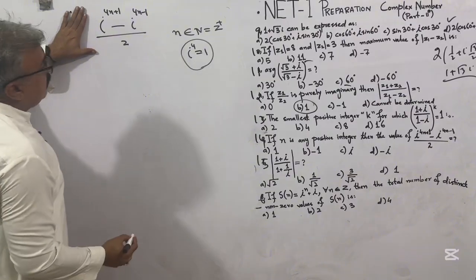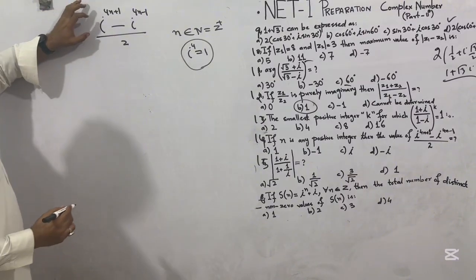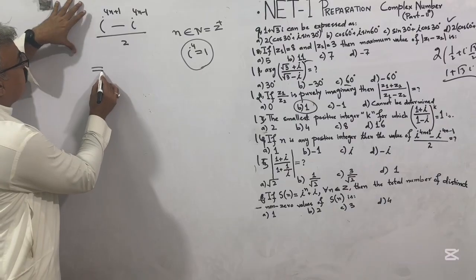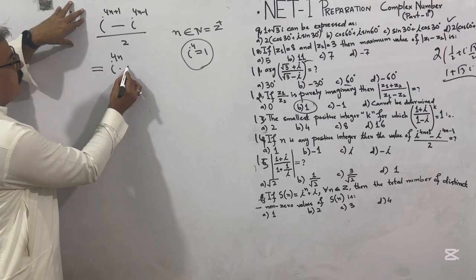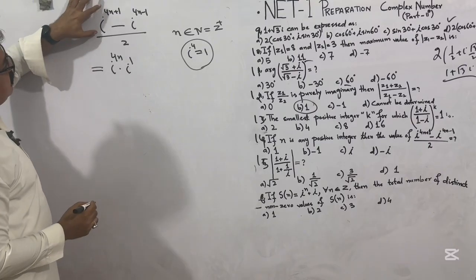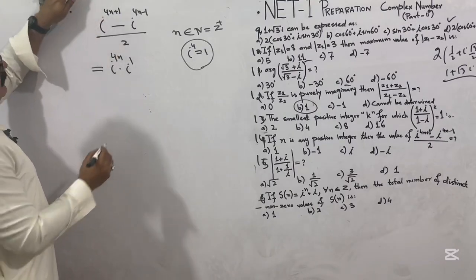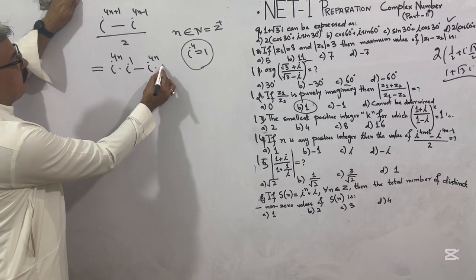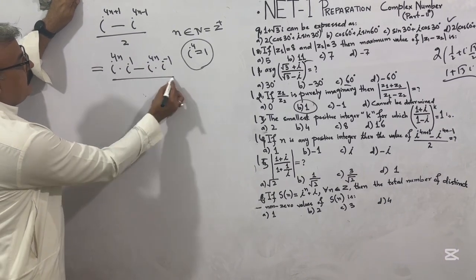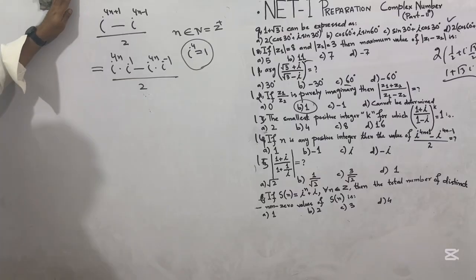Everybody is familiar, iota 4 is equal to 1. By the exponent rule, I can write this first term as iota raised 4n times iota raised 1. Similarly, the other portion, minus iota raised 4n times iota raised minus 1, divided by 2.